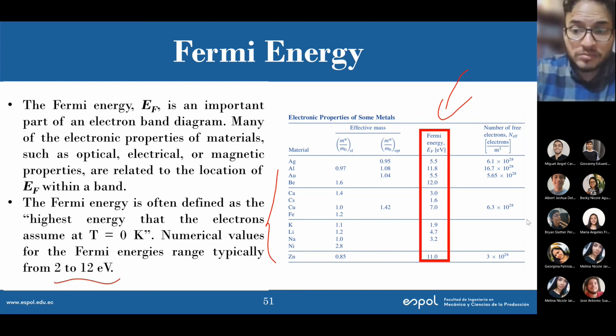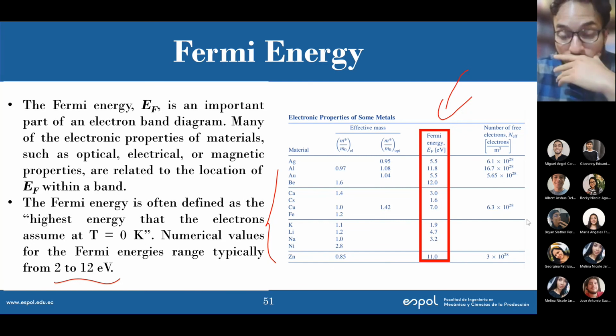The more electrons you put into that cup, the more water you put, the higher will be the level of water, the higher will be the Fermi energy, right? But that sort of doesn't make sense, and that's really not clear for most people. So let's redefine that in the next slide, but I think I'm not going to have enough time for that.